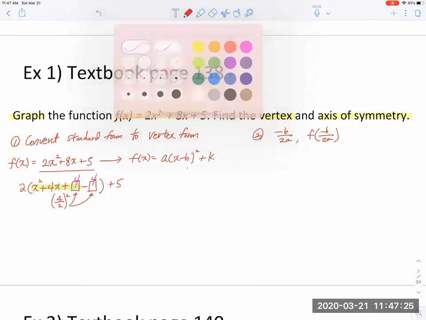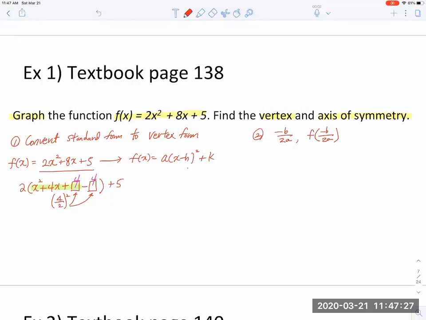So we are going to rewrite here 2, and again, x squared plus 4x plus 4 minus 4 plus 5. These three terms are going to be simplified to x plus 2 squared, which means you can factor as x plus 2 times x plus 2.